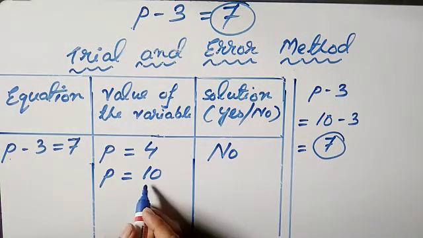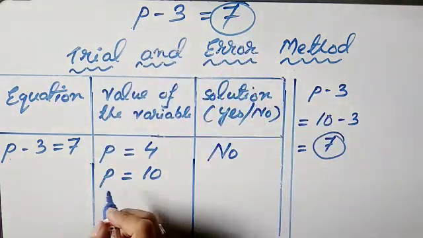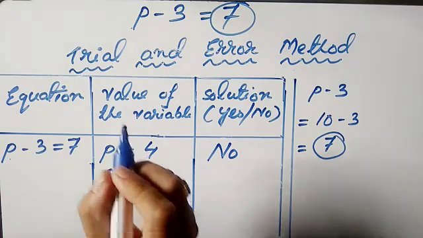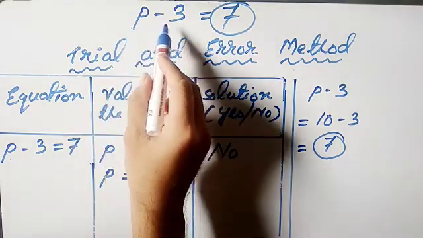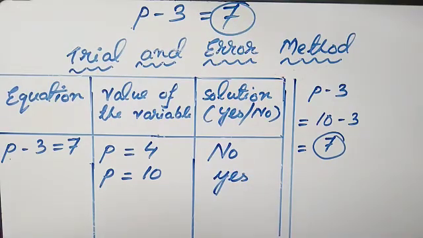So p equals 10 satisfies the given equation. Hence, p equals 10 becomes the solution of the equation p minus 3 equals 7. So the answer is yes. It becomes the solution of the equation only when p equals 10.